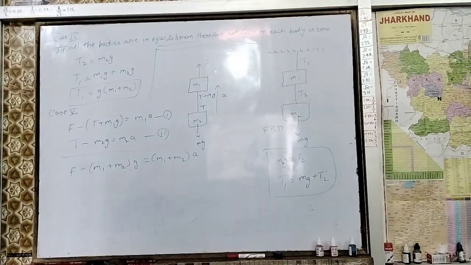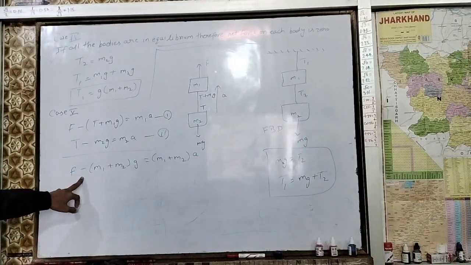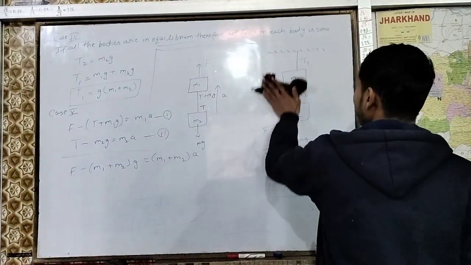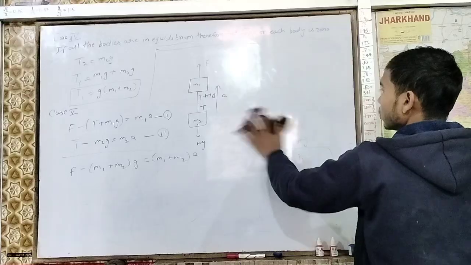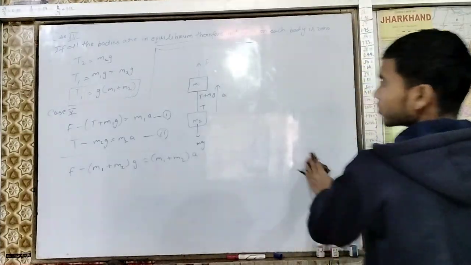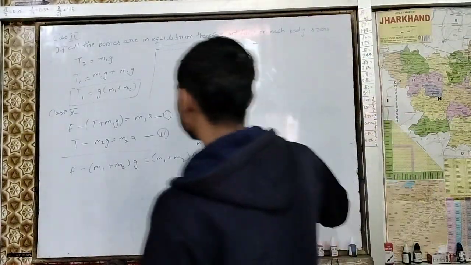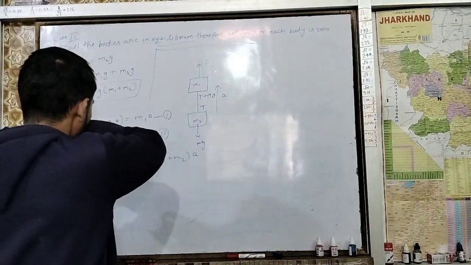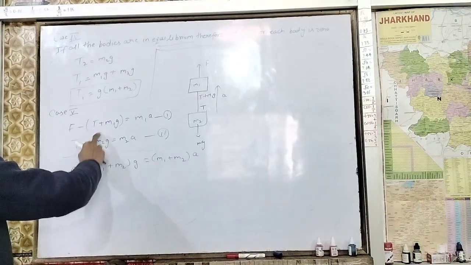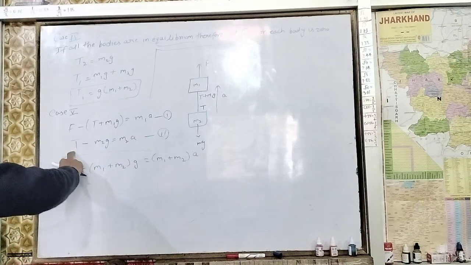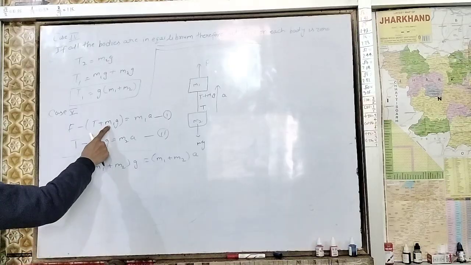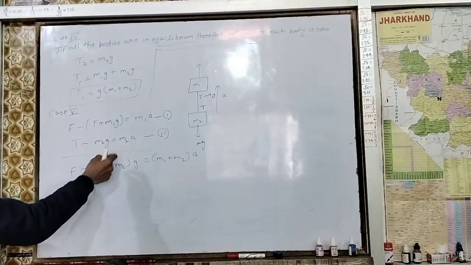In this equation we are getting F minus m1 plus m2 into g. Let me erase this part over here. This T plus and T minus will cancel each other. F minus, and over here m1 and m2 are both different, but g is a constant.